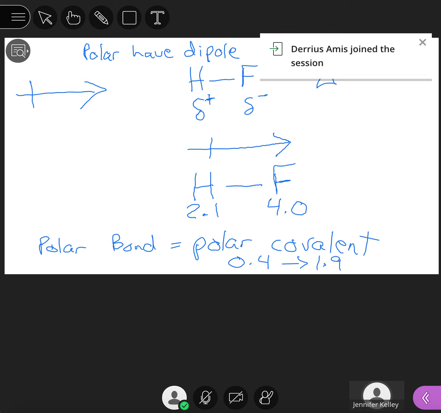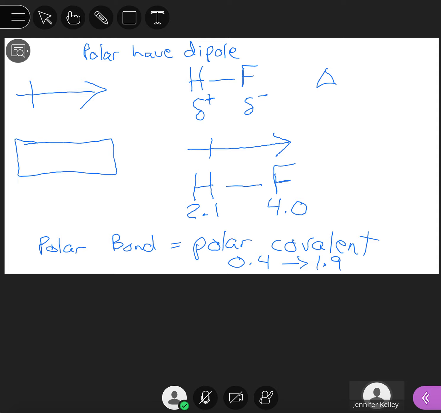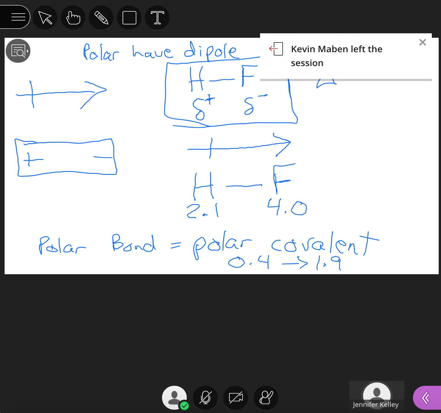And a dipole is just a difference in electronegativity. So they give you a good example in the book. It's like a battery. So a battery will have a plus and a minus. And then if you look here, a polar bond will also have a plus side and a minus side. So a dipole is just basically opposite charges that are separated by a distance.